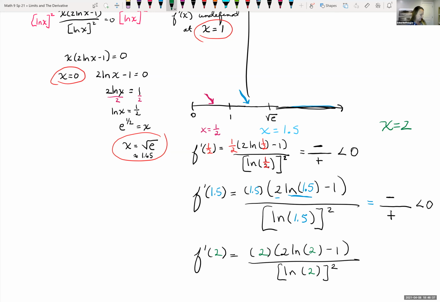So natural log of 2, that's 0.69 or 0.7 times this 2 right here in front. That's going to give me 1.4 minus 1. That's a positive number in my numerator, all over a positive number in my denominator. So this is greater than 0. So greater than square root of e, we're going to be increasing.